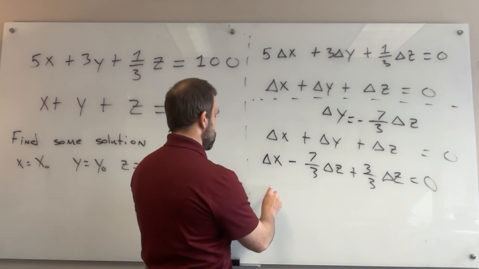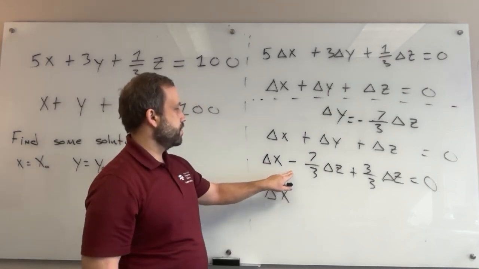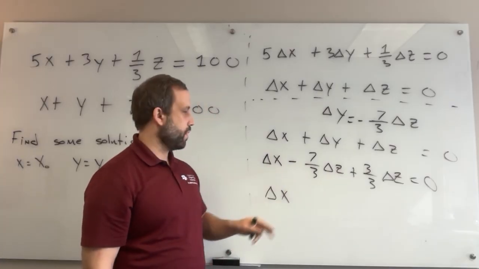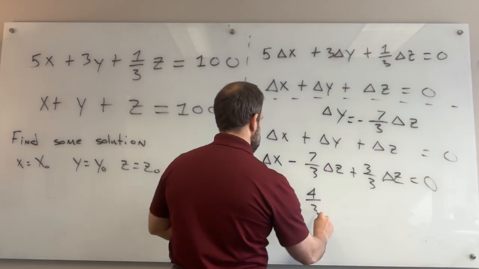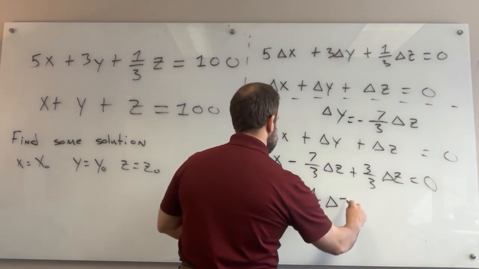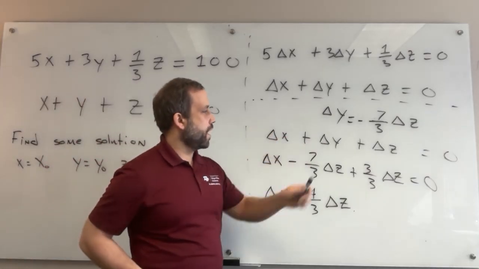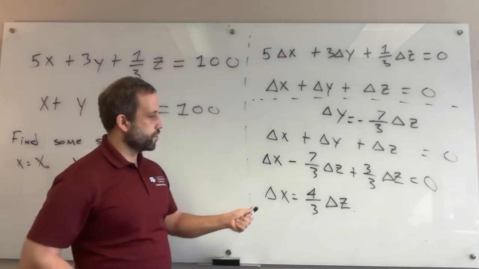And now for delta x, minus 7/3 plus 3/3, minus 7 plus 3 is minus 4. So delta x is equal to 4/3 delta z. So delta y is equal to minus 7/3 delta z, and delta x is equal to 4/3 delta z.